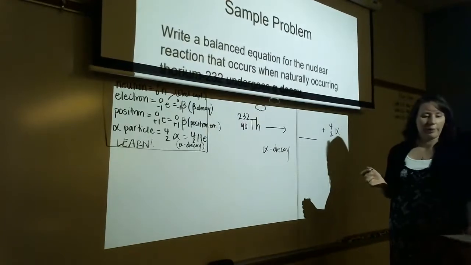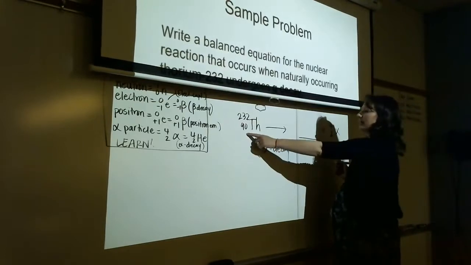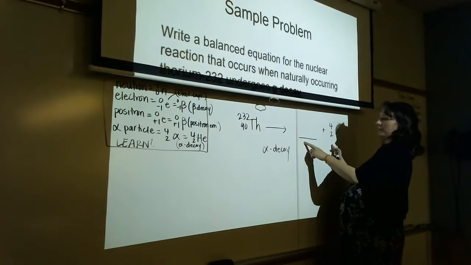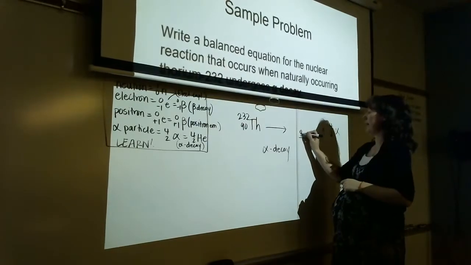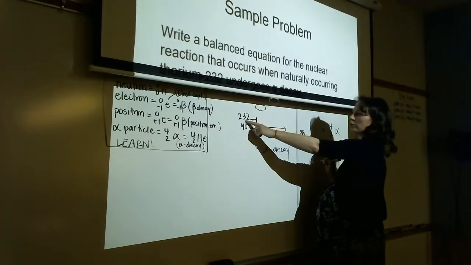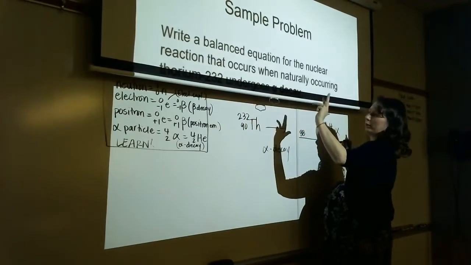So now I've just got to obey the law of conservation of mass, right? 90 is the total on this side, so that means that 90 needs to be the total on this side. So I've already got 2, so that means that I need to have 88 as the atomic number. And I've got 232 on this side and 4 on this side, right? So I subtract: 231, 230, 229, 228.